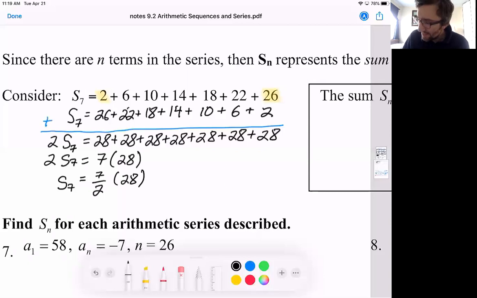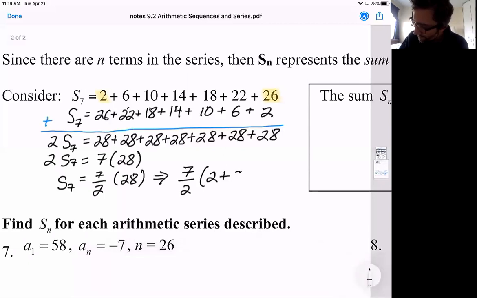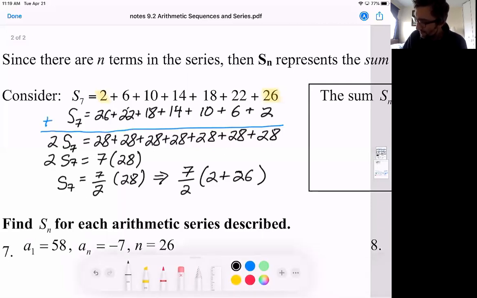But to generalize this, where did this come from? Well, 7 was the number of terms over 2, and 28 came from the first term plus the last term. So in other words, this 7 is n, this 2 is the first term, and this 26 was the last term, or the a sub n term, the 7th term.